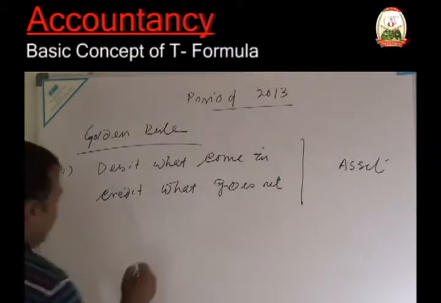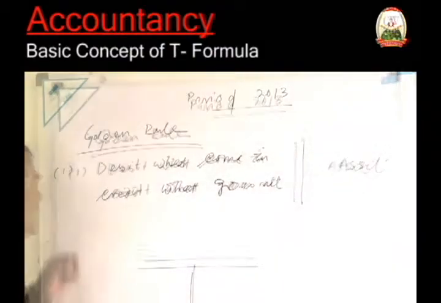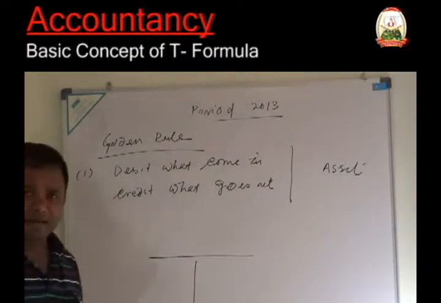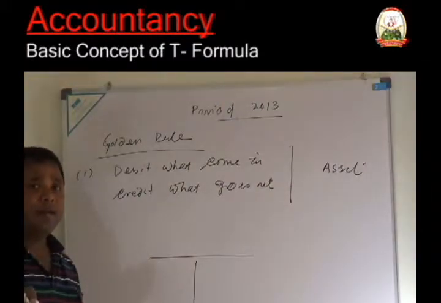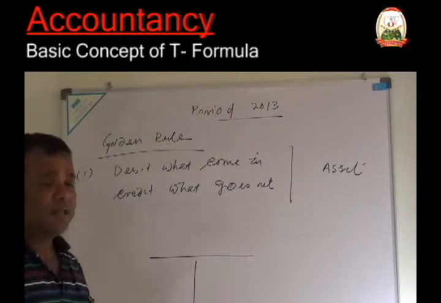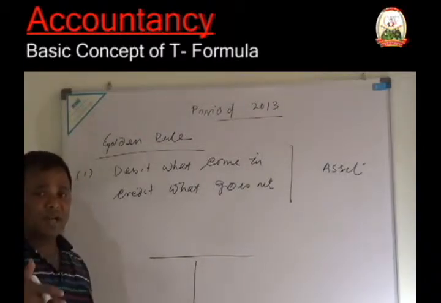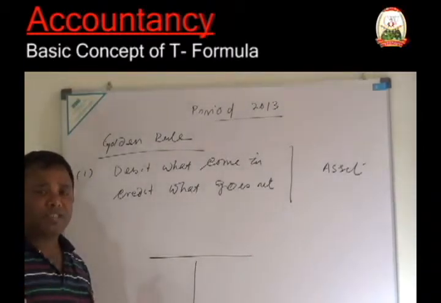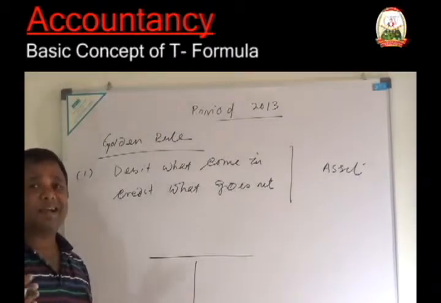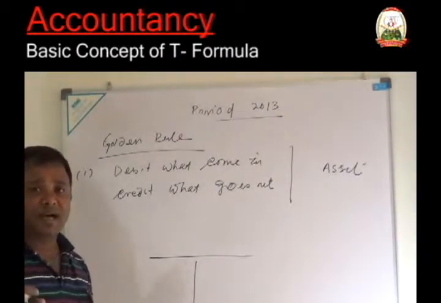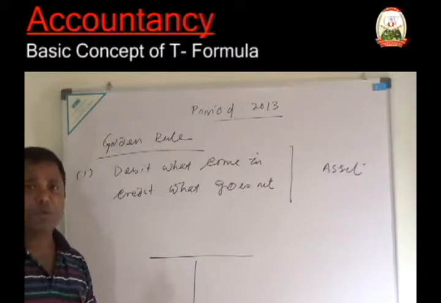Suppose in T, you purchased a motorcycle in cash. That means your motorcycle comes in. Motorcycle became an asset. Suppose a car. You purchased a car. Car comes into you.